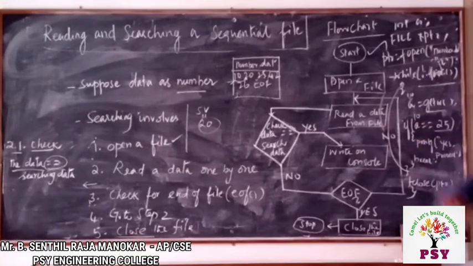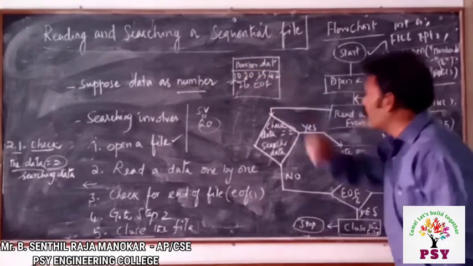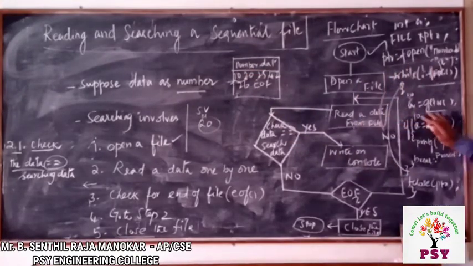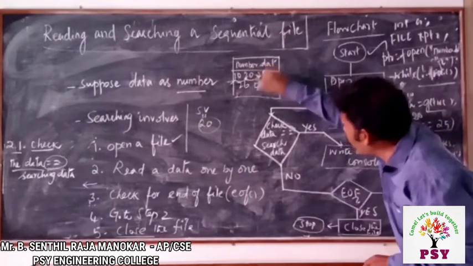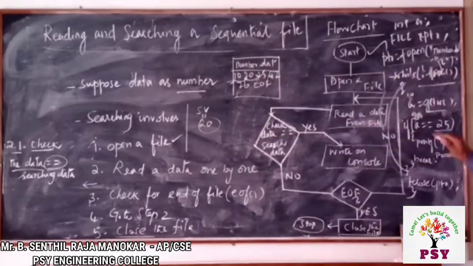Then we get the next value. The pointer moves to the next value, 20. Here A will be 20. The condition is false again, so we go back to the while. The pointer moves to the next value, 25. Now A is equal to 25 and the condition will be true.